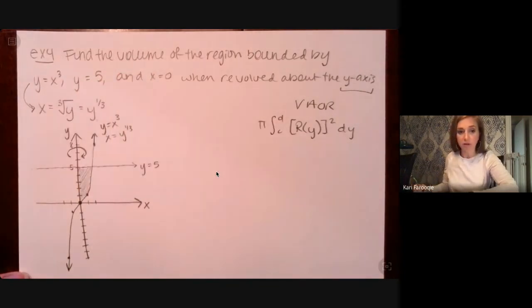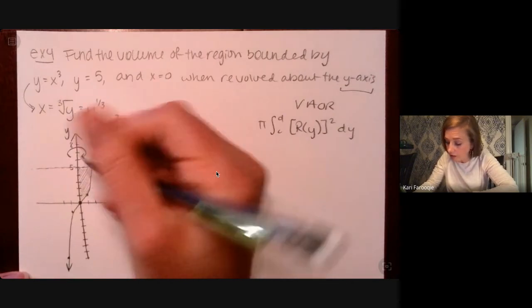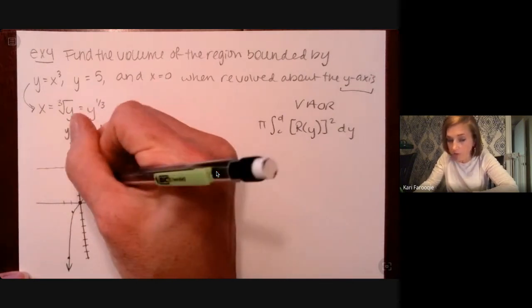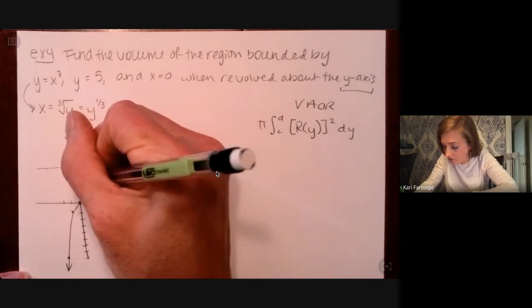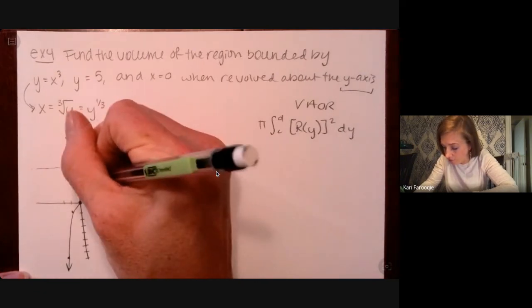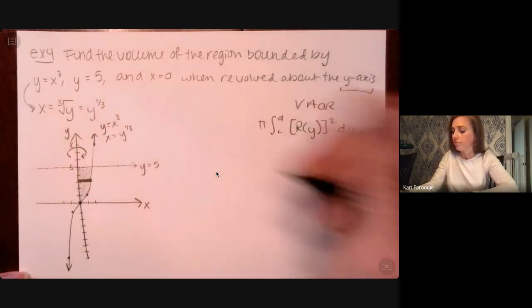So it's doing something like this. Remember that when you're looking at the disk method, we're always going to be drawing our rectangle perpendicular to the axis of revolution. I keep saying it on every example, that means you should be doing it. I'm looking at a rectangle that's, in this case, oriented horizontally, perpendicular to the axis of revolution.